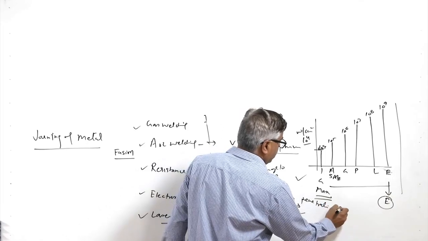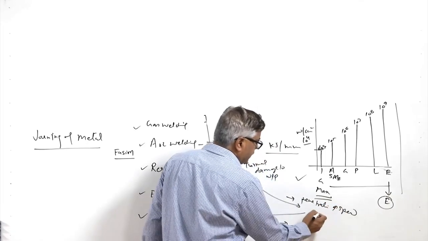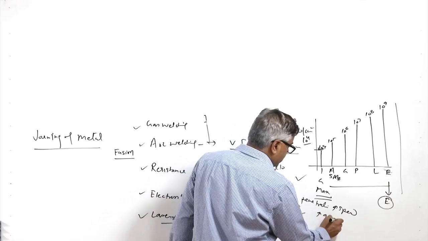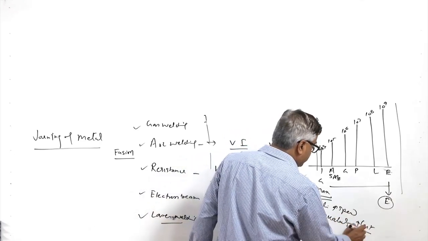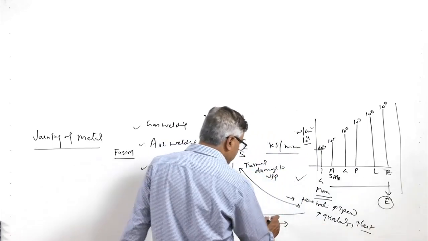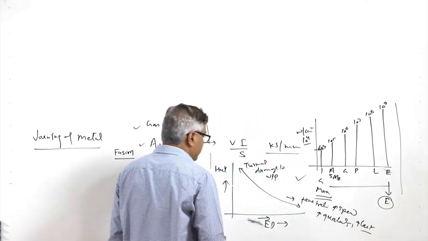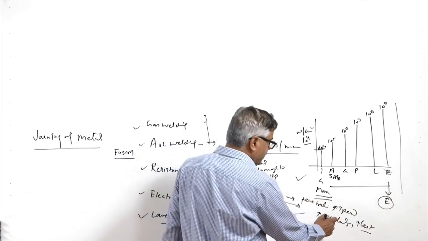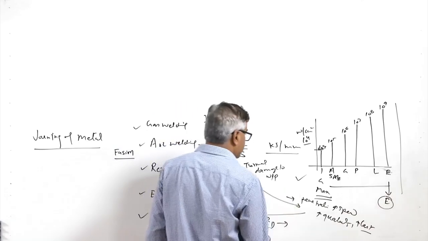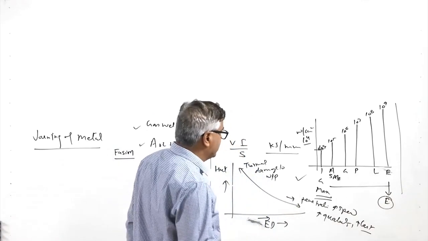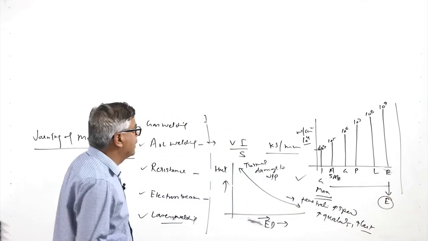increasing speed of welding, increasing quality of the weld, at the same time increasing cost of the system also. So, low energy density processes will result in lesser penetration, lesser welding speed, lower quality and lower cost, while high energy density processes will result in greater penetration, greater speed, better quality and higher cost.